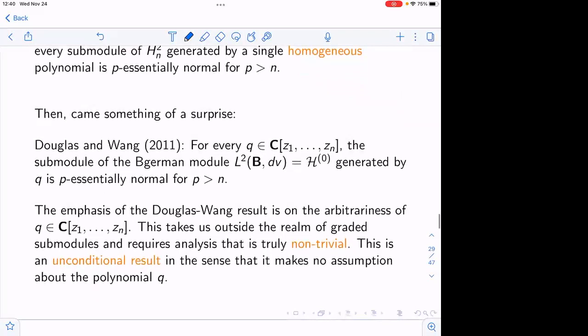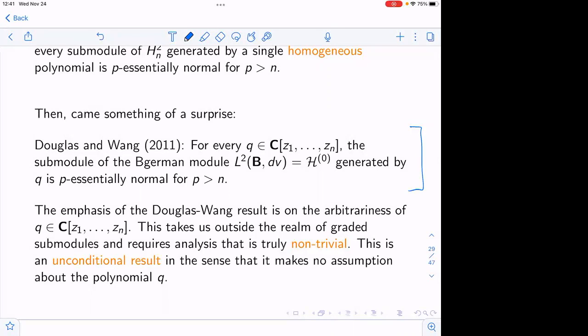Now, in 2011, Douglas and Kai Wang published this result. This actually came as something of a surprise because, as I said previously, most of the works were about graded submodules, where the work is basically algebraic in nature.